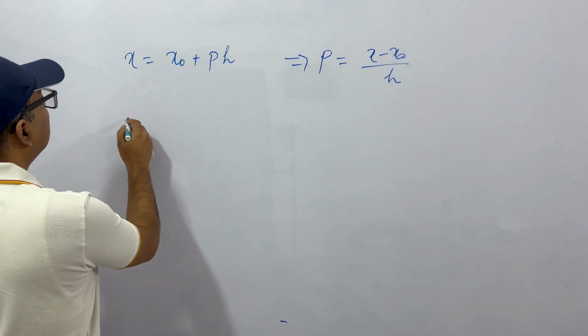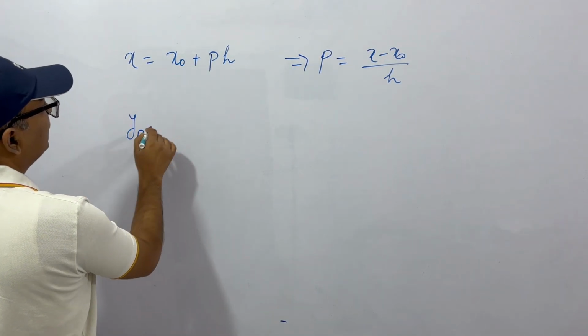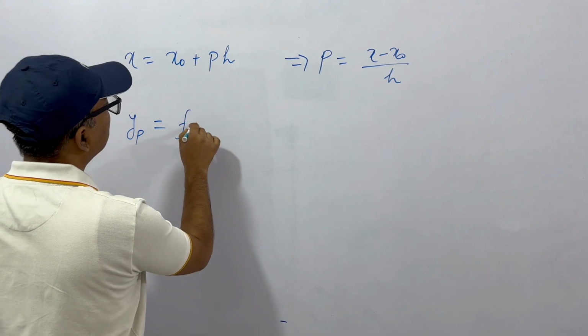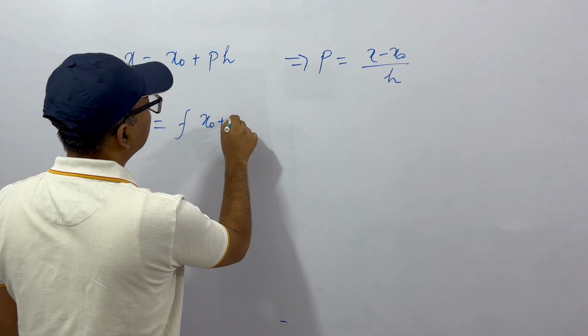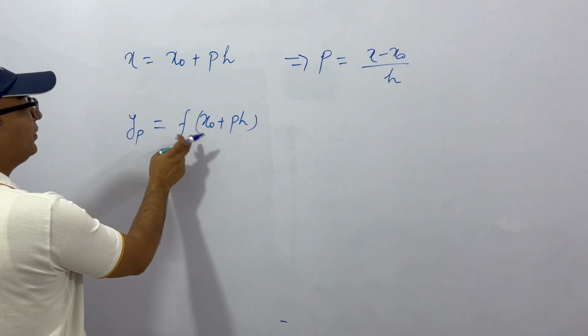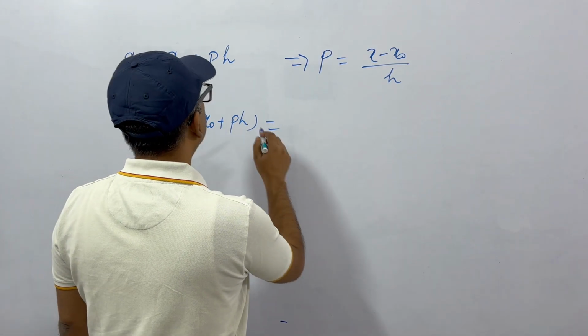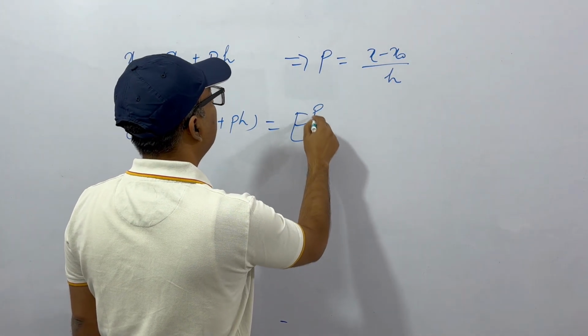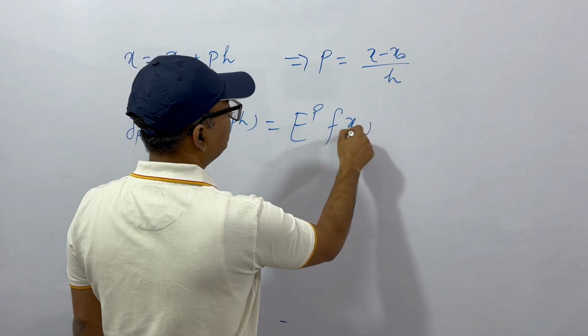Then we can say that yp is equal to the function of x0 plus ph, because this is the relation between x and y. This can be written as E to the power p of f(x0).